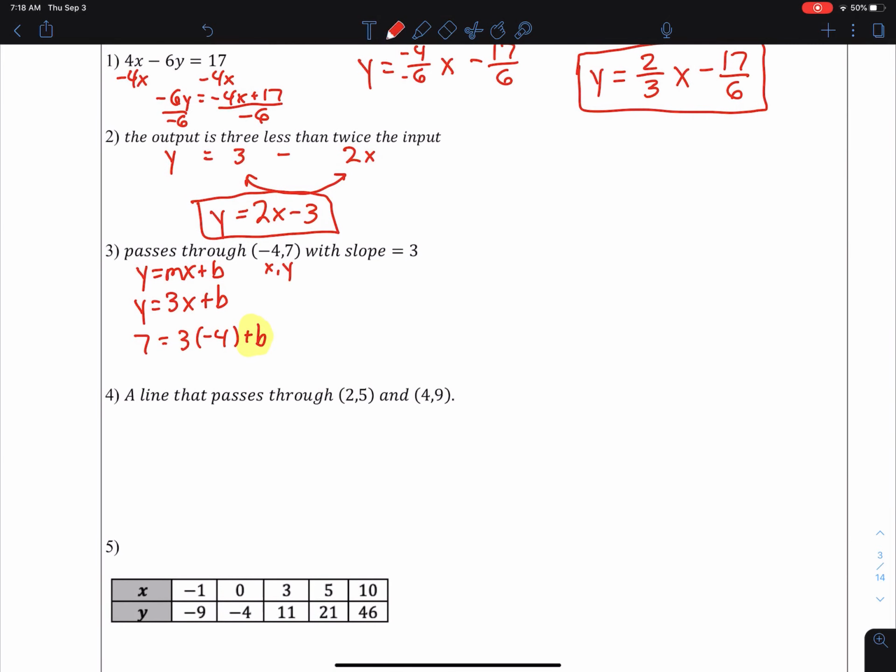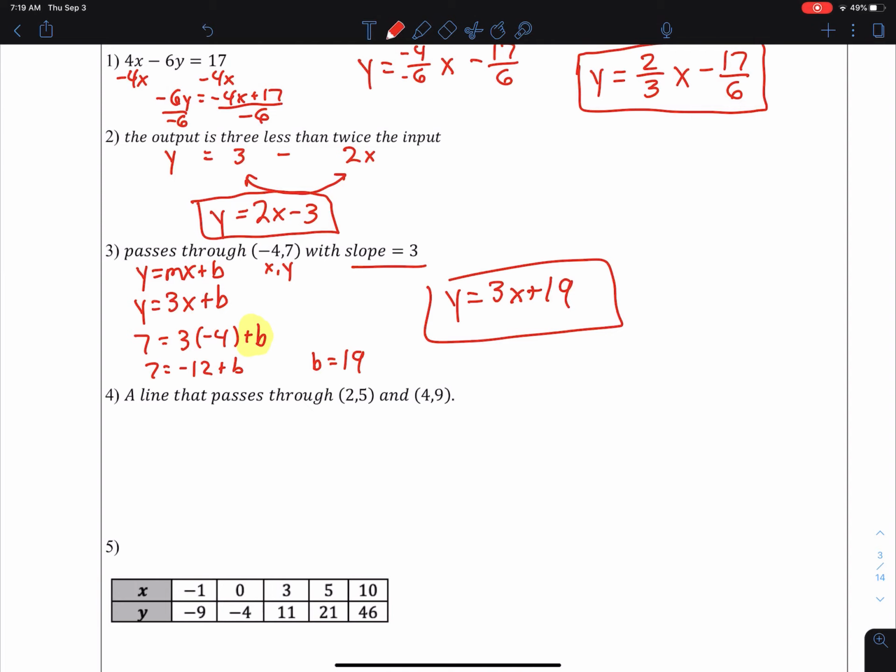So 7 equals negative 12 plus b. Add 12 on both sides, we'll get b is equal to 19. So now we have b, and we have the slope, which is m, so y equals 3x plus 19. That's crucial. We're going to be doing that a lot, so you always want to get the equation down to one variable so you can solve for that variable.